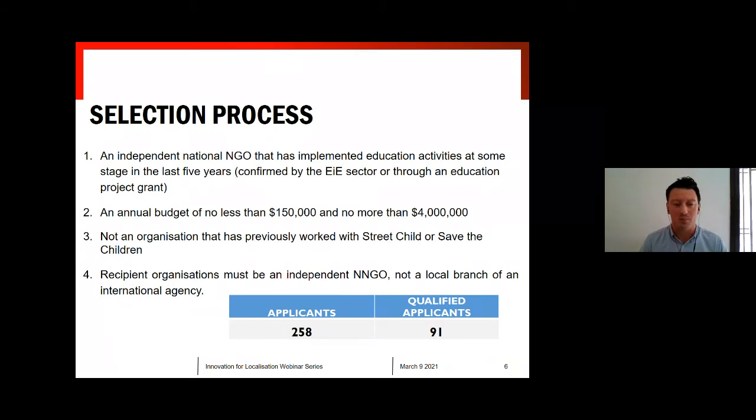Additionally, we wanted to keep the annual budgets of the organisations that qualify between $150,000 a year and $4 million. You might ask why we kept these limits. The top limit was to avoid any local organisations or national organisations that almost acted as an INGO, so they had huge scale projects, and we also wanted to make sure that the $15,000 we gave them had an impact on their way of working.